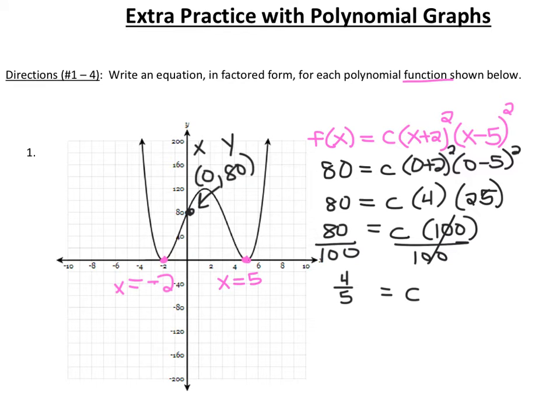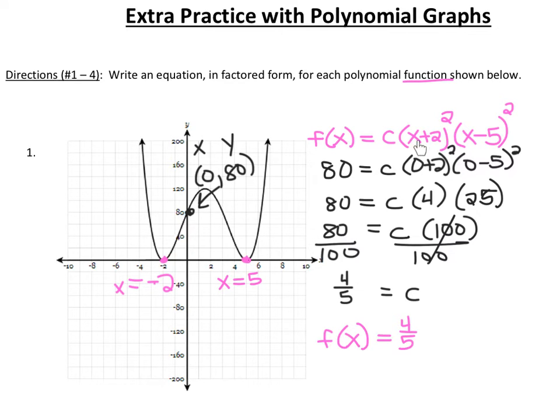All right, now let's go back to our original format of the equation. We want to keep it in function notation, so I'm going to write f of x. I'll go back to pink again. So f of x equals, well now, look at this. We know what c is, right? Didn't we just solve for c? We know this leading coefficient is 4/5. So I'm going to replace the c with 4/5.